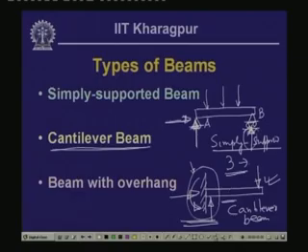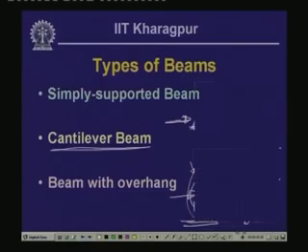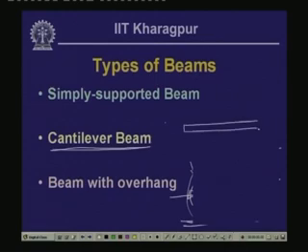Now, sometimes we use a beam member which may not be any of this category, but could be a combination of these. Say for example, if we have a beam which is hinged at this place and placed on a roller at this particular place and subjected to some kind of loading on the transverse plane.